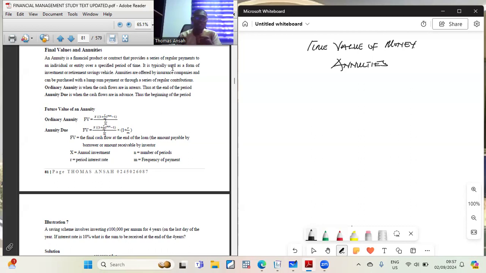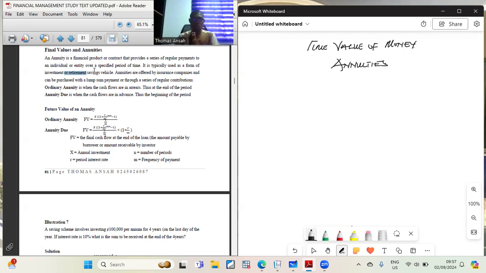So normally it takes the form of a retirement savings package or any investment package. Personally, I used to do this EcoBank EDC investment stuff. Every month, my salary goes there straight. So that is the consistent flow of an income, and that is what we call annuity. It is an investment product in which you put in an equal amount of money on a regular basis.